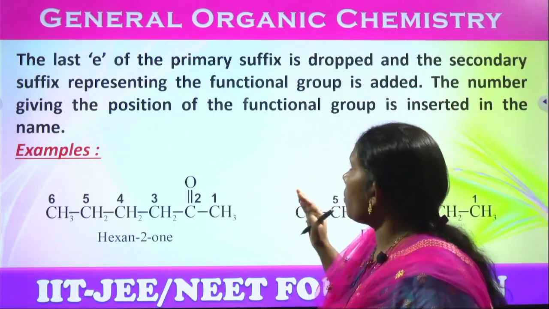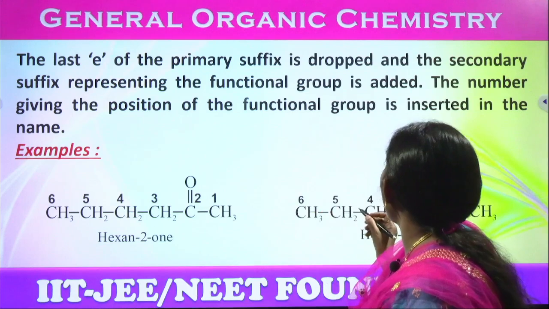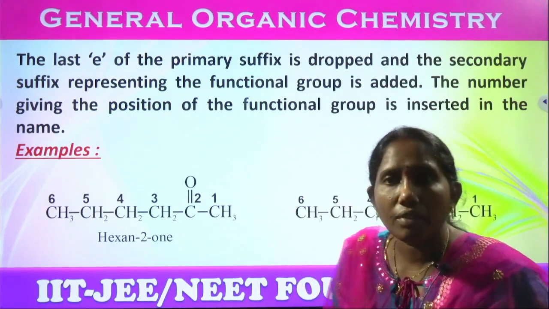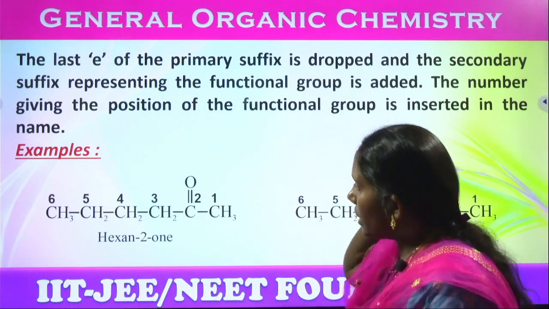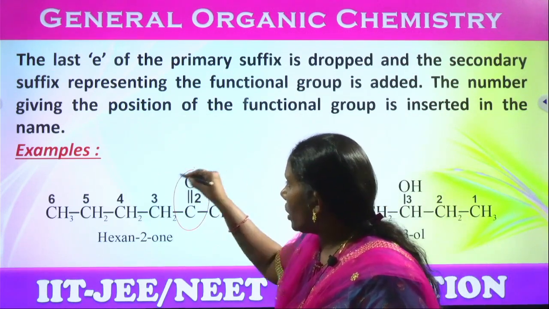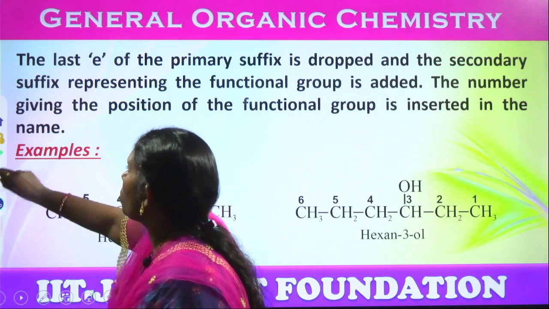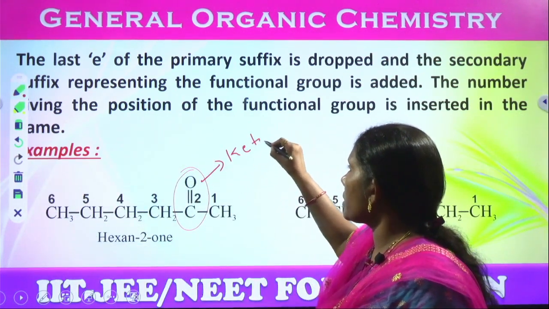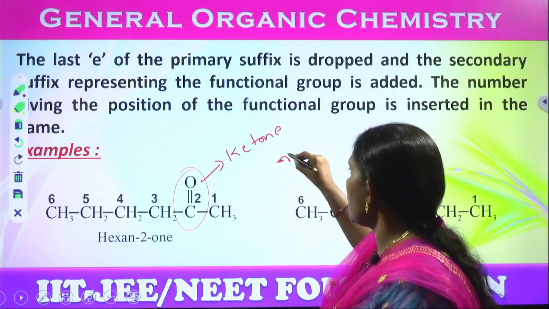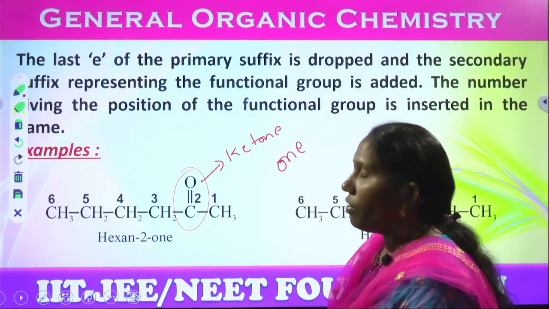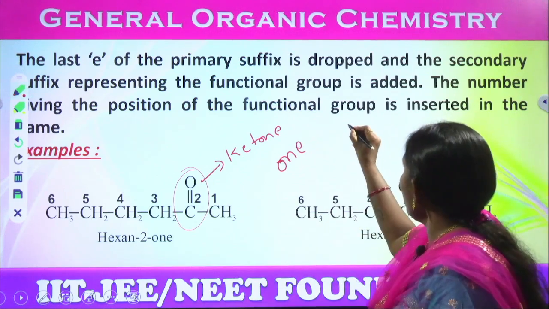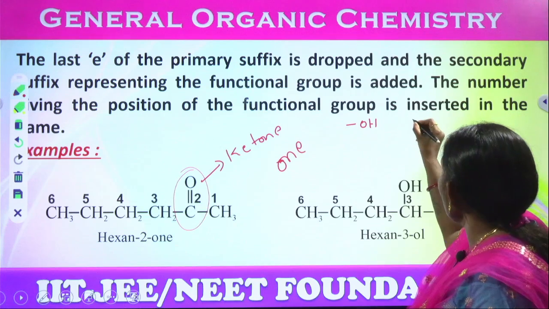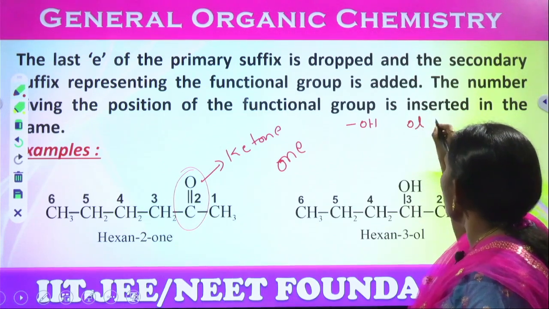The last e of the primary suffix is dropped before the secondary suffix, and the parent chain is numbered. So here we are taking one more point, see, yesterday in the tabular form we have taken this group, this is called keto group, this is called ketone, and while writing the suffix, it is one. If the alcohol group, OH, is present, then the suffix is ol.